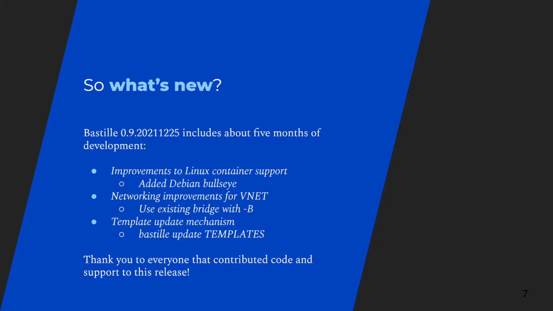Some other updates and improvements. Oh, there was a change in this release, I guess, that I'll also call out. The Bastille config had an update, and it removed the default time zone, which by default we were just setting to UTC. So the change in the code now, if that field is empty, it will just use the time zone of the host.